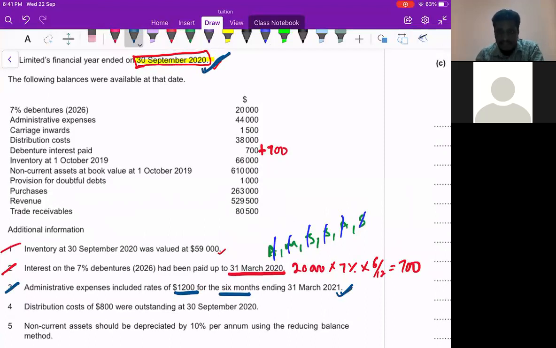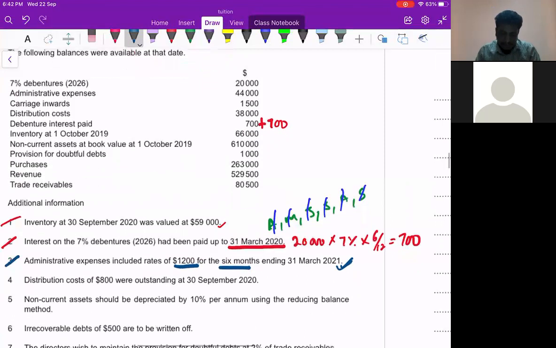It means extra how many months? October, November, December, January, February, March. 6 months extra. So prepaid 6 months. So all the 1,200 is prepaid.